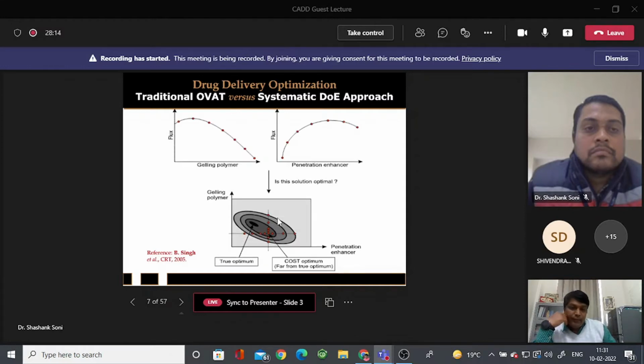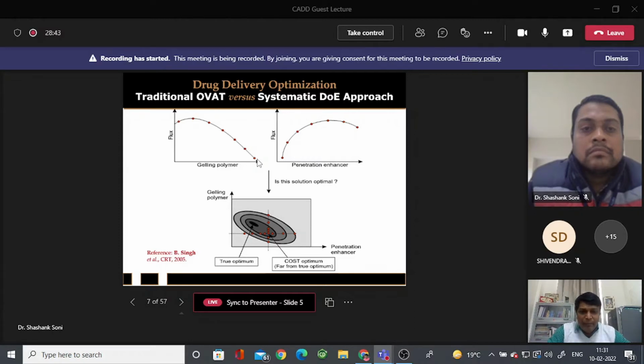Please see here, it's very important. In this drug delivery optimization, these two graphs are traditional OVAT approaches. You are increasing the gelling polymer, and this is the drug release flux. What is flux? Flux is any parameter per unit area.